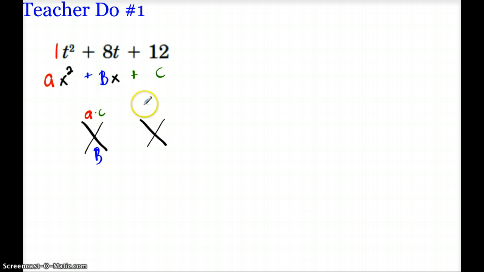Now the bottom, our b term, very simple, is 8. Okay, I'm going to erase this 1 because 1 times 12 is 12, so I'm going to change this and actually make it just a 12.